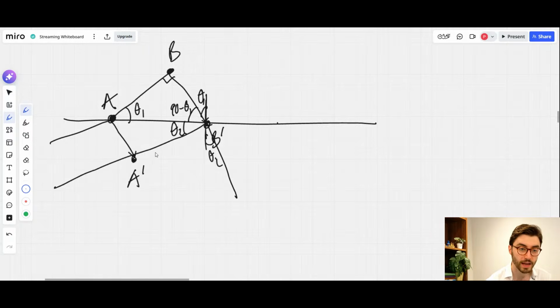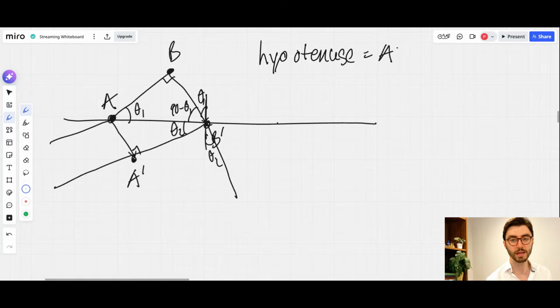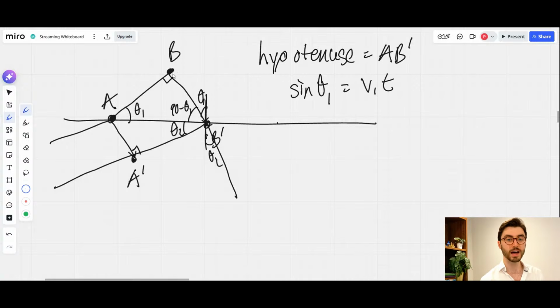Now we can say that we have two right-angled triangles with the same hypotenuse. So the hypotenuse is equal to AB dash. And we can say that sine of θ1 is the opposite, which is v1 times the time interval, so that's the speed of light in this medium, over the hypotenuse AB dash.